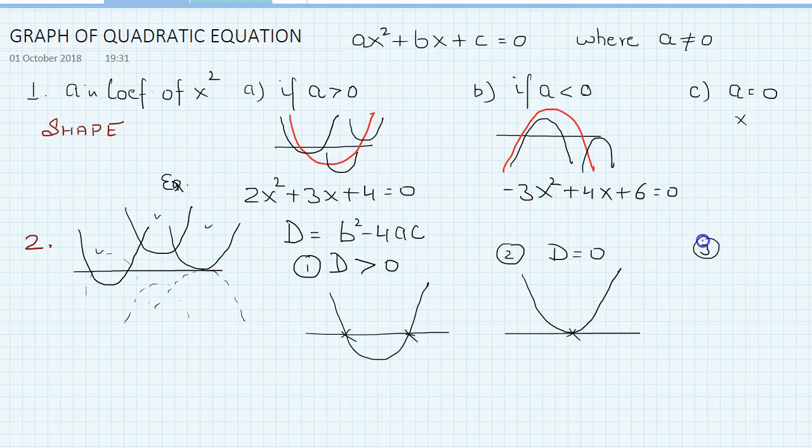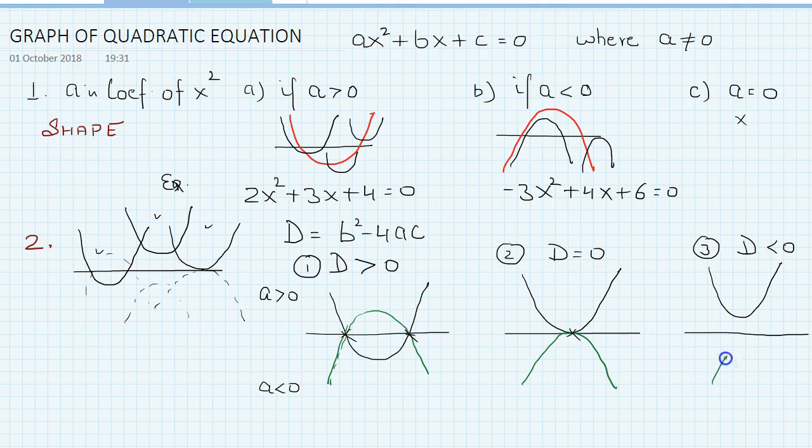And third is if D is less than 0, so there is no solution, the graph will not touch the x-axis. These are the graphs for when a is greater than 0, and where a is less than 0, the graph will be like this. So that is the shape of the graph.